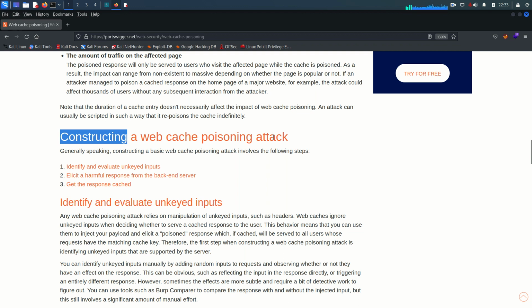Constructing a web cache poisoning attack. This is again the most important part. As I mentioned earlier, there are two stages, and actually both of those stages can also be defined in 3 points. First of all, you need to identify and evaluate unkeyed input.